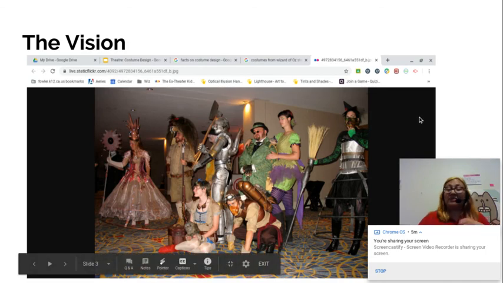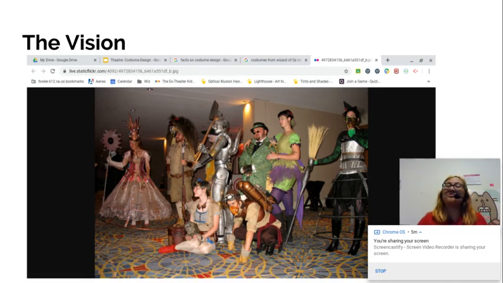So I was very surprised when I came across this. Wizard of Oz is pretty standard, pretty basic. They have the gingham dress on Dorothy, and then Glinda has the beautiful ball gown, and the witch has the black dress, and the lion looks like a lion. But in this version, the director chose to go steampunk on the costumes.